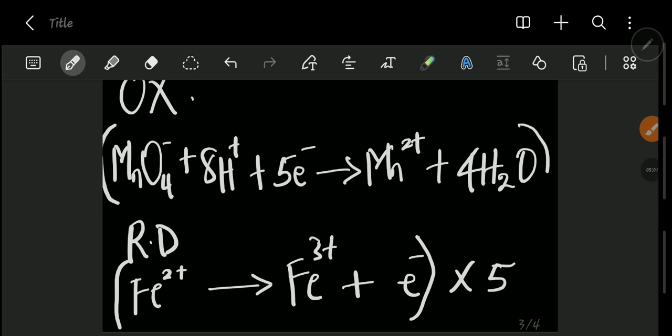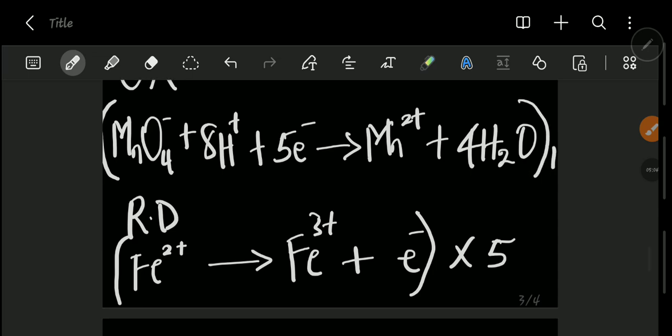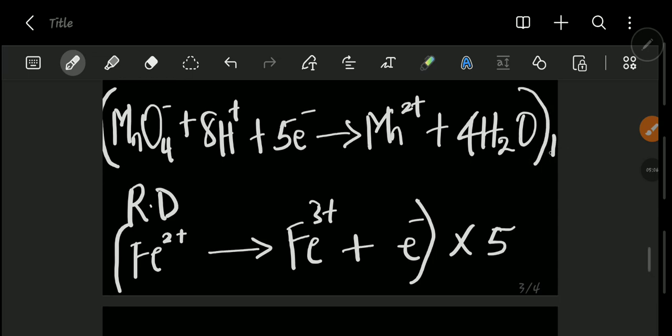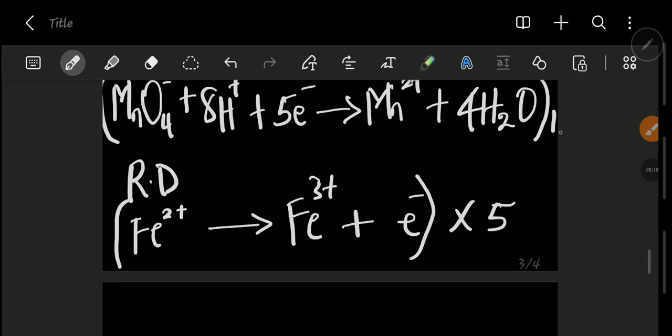I'm multiplying everything here by 1. So if I start with this one, if you use 1 to multiply everything here, it's going to remain the same, right? 1 times everything here is going to give me the same thing. So 1 times MnO4 minus is going to give me MnO4 minus.